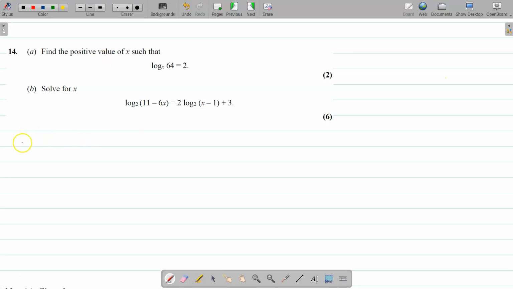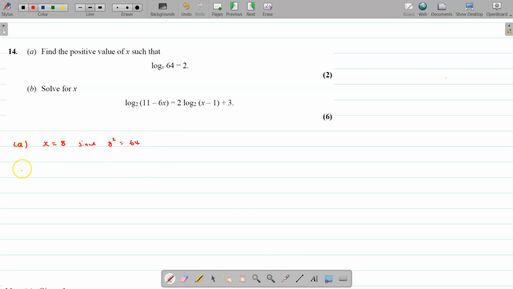So for part A, I'm just going to say that x equals 8 since, just to give a reason, since 8 squared equals 64. So that's the first part done.